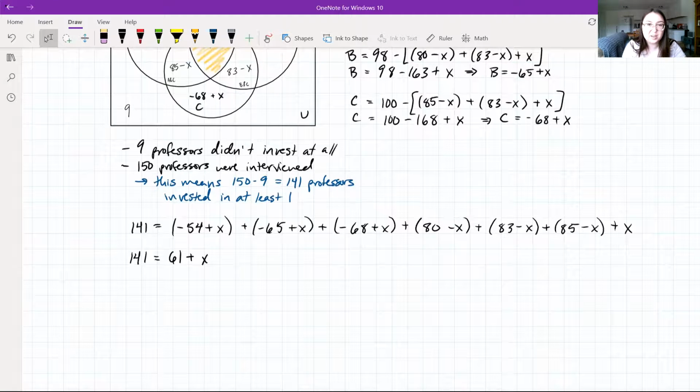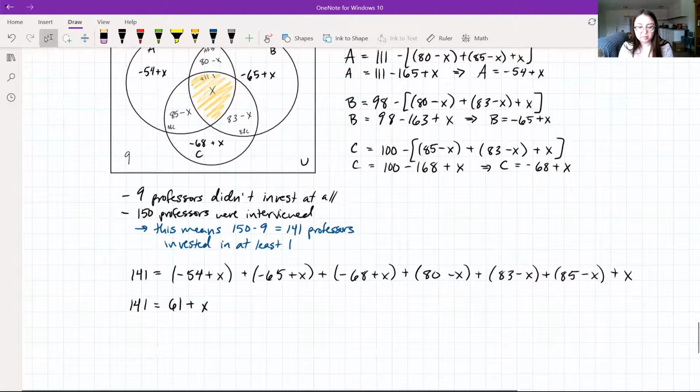Once you add all these values up, your constants become a positive 61. And if you look here, we have plus x, so 2x, plus another x, 3x, minus x, 2x, minus x, 1x, minus x, 0x, plus our final x. So we get 141 is equal to 61 plus x.